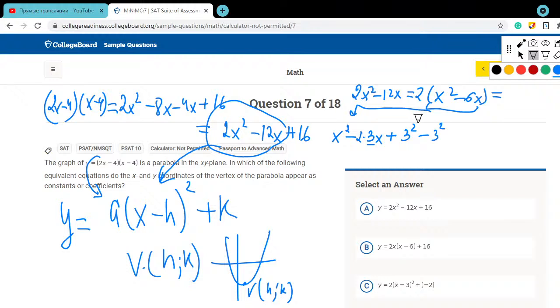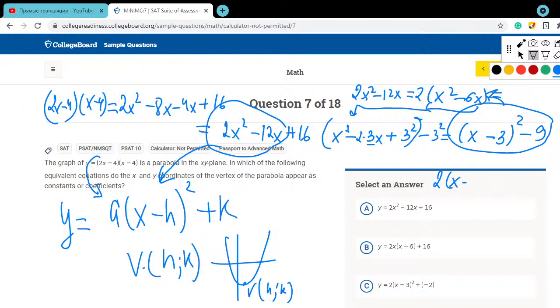But here we can create a type that would look like this. It would be x minus 3 squared minus 9. We now have to multiply it by 2, so we get 2 times x minus 3 squared minus 18.